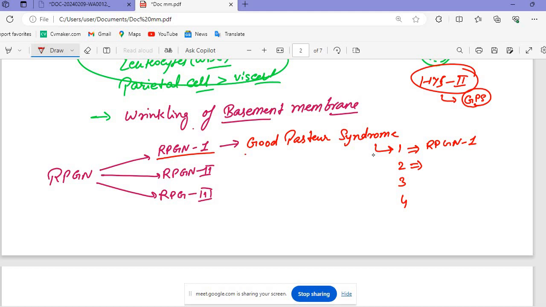In Goodpasture syndrome, there is involvement of the basement membrane. Here we wrote wrinkling of the basement membrane.